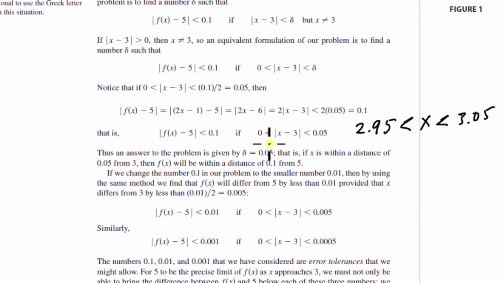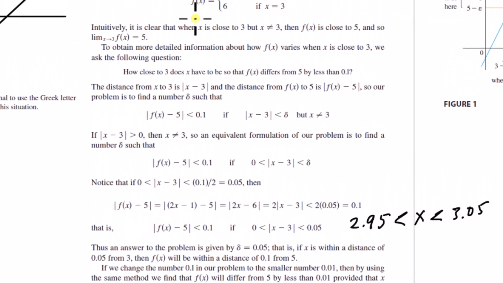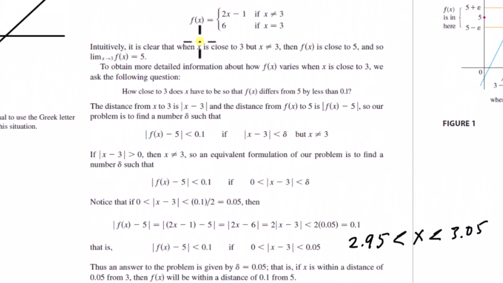That's what you get when you solve this absolute value inequality. What we just proved is that you could plug in absolutely any value of x you could possibly imagine. There's an infinite number of values between 2.95 and 3.05. You could plug in any of those values you want into this function, as long as x isn't equal to 3.